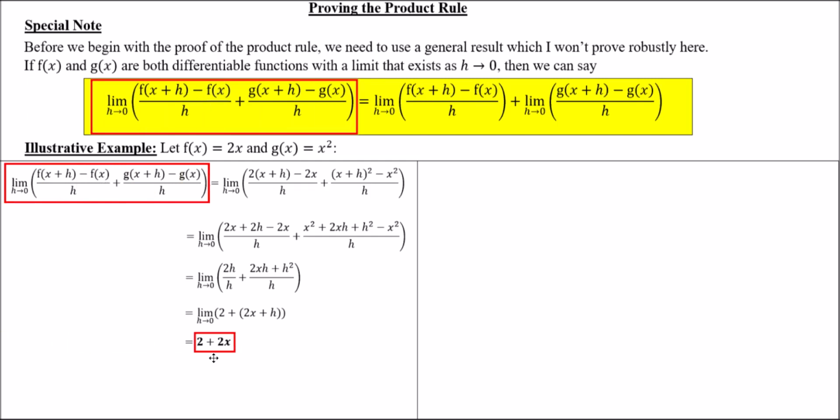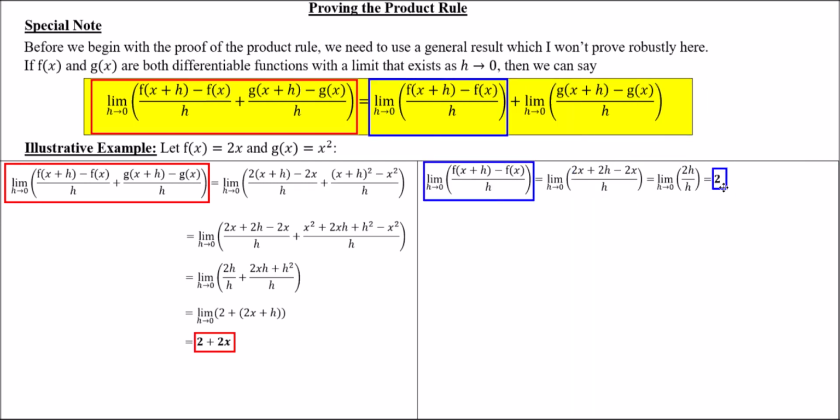This has given us 2 plus 2x, but what if we were to just take the derivative function of f of x? Well, this would be 2x plus 2h minus 2x all over h, which when simplified is 2h over h, which is just obviously 2. And so this limit, taken separately, just gives us 2. What about the derivative function of g of x on its own?